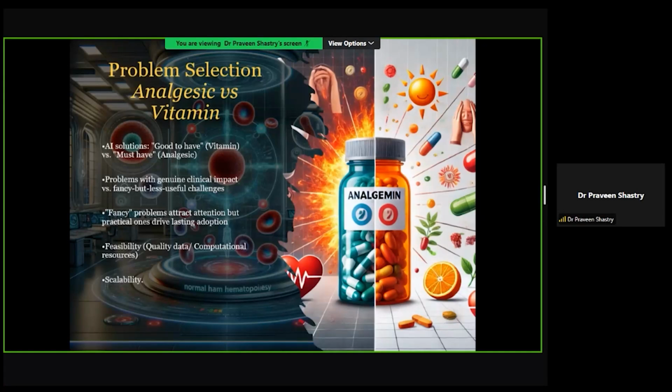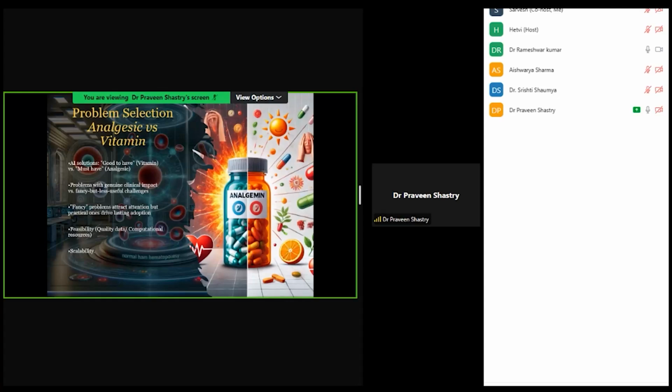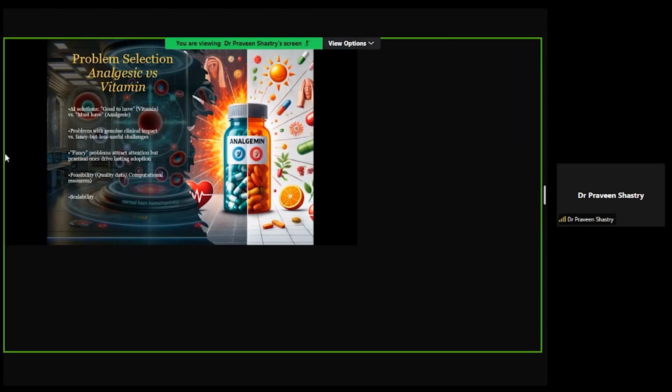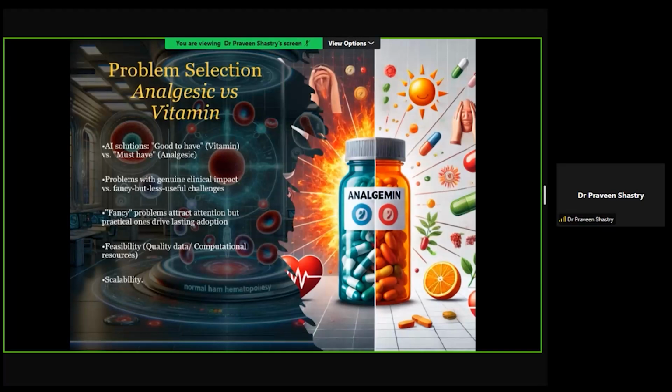But a chest X-ray detection tool, say a fracture detection tool or a lung nodule characterization tool, can have a greater impact. Why? Because there are more people opting for this, and building tools around it is more feasible compared to an MRI, which costs upwards of 9,000 rupees. So what is more feasible is something we have to consider.